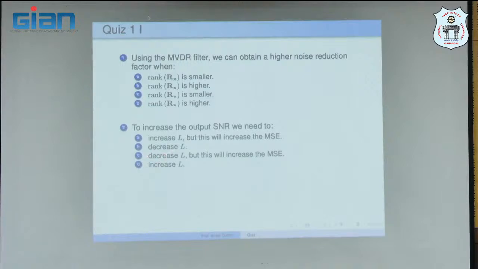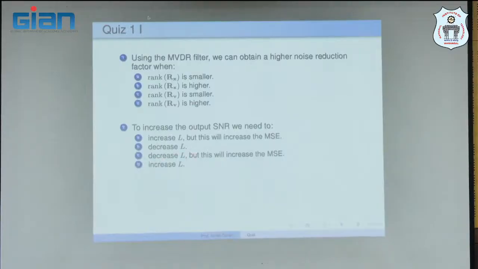Okay, let's check it. C, to increase the output SNR. So if we decrease L, the output SNR will be higher or lower? What is the effect of L on the output SNR? So which one do you think is correct?